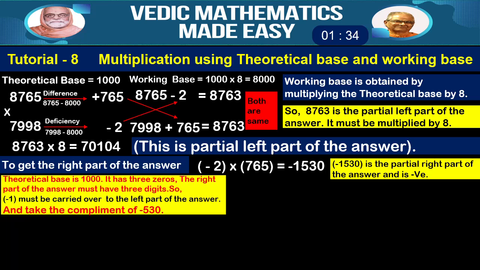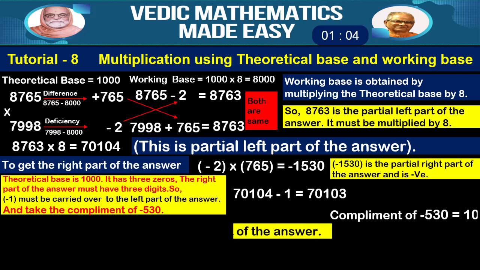So minus 1 of minus 1530 must be carried over to the left part of the answer. So 70104 minus 1 is equal to 70103. Partial right part of the answer is minus 530.